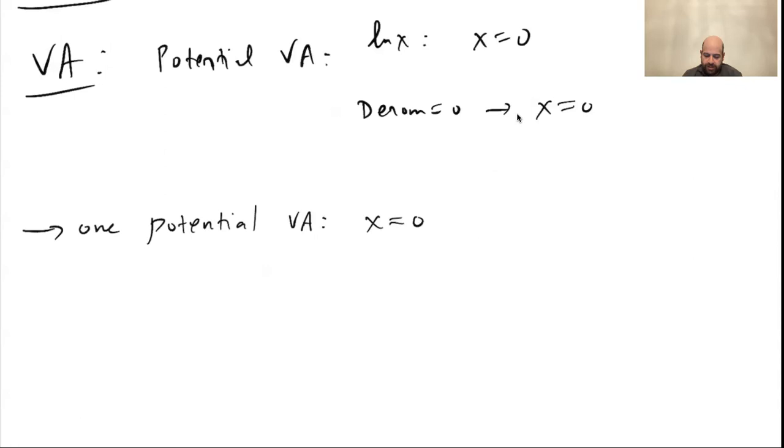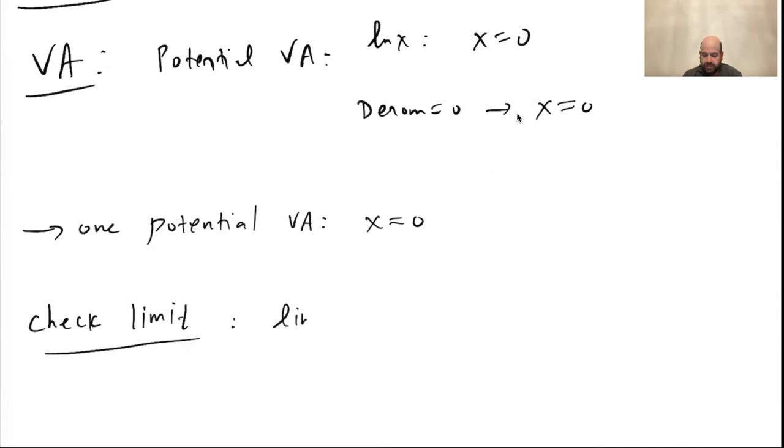And then we need to check the limit. In order to verify whether it's actually a vertical asymptote, we need to see whether the limit as x approaches this number is infinity or minus infinity or not.